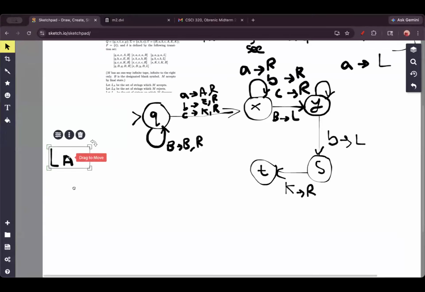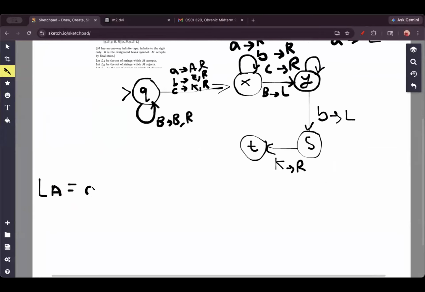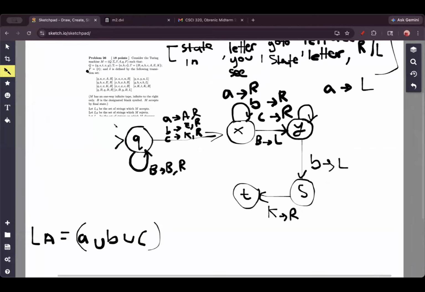Let's make this go a little bit down. A or B or C will get us from Q to X, so we're going to change state to X. This is the path we want to follow: from Q, X, Y, S, and then to T. I double circle T to indicate that this is our final state.